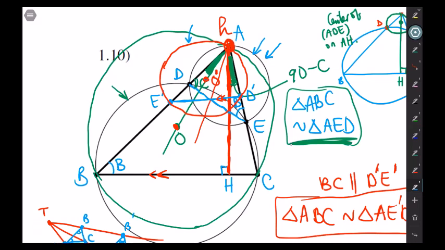Because D prime is a reflection of D, E prime is a reflection of E. So the circumcircle of ADE and the circumcircle of AD prime E prime are just congruent circles. You guys see that? Just reflect back that red circle into the black one, and then boom. So necessarily, the center has to be on the altitude simply because of the property that we mentioned earlier, that these angles are equal only when this line goes through the circumcenter and this one is on the altitude.